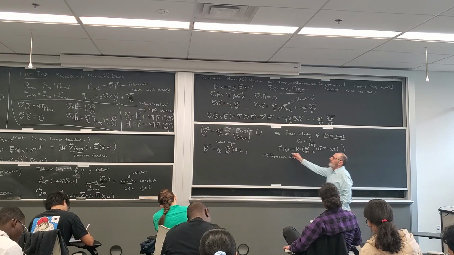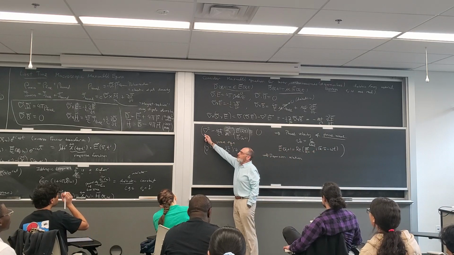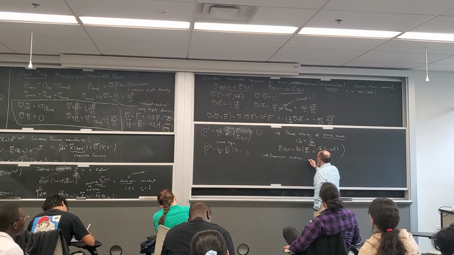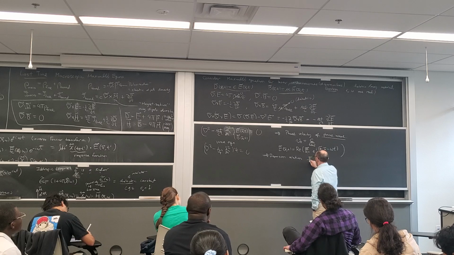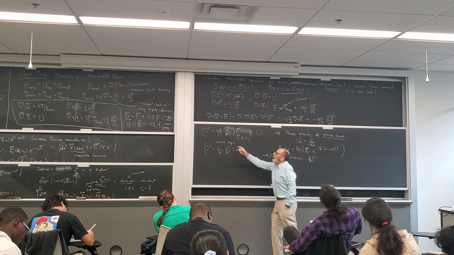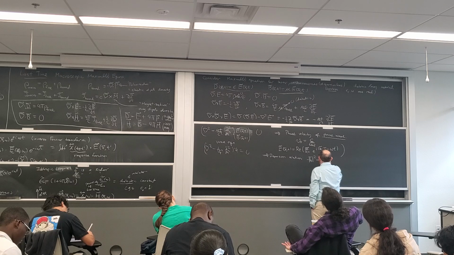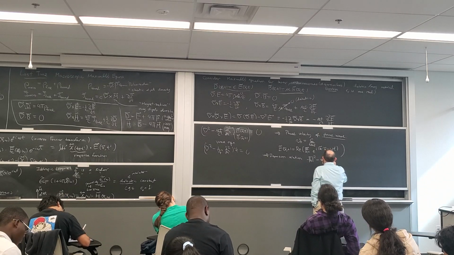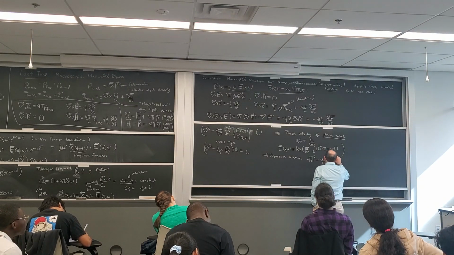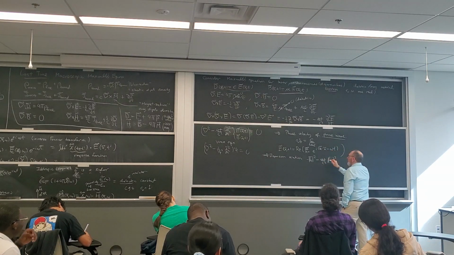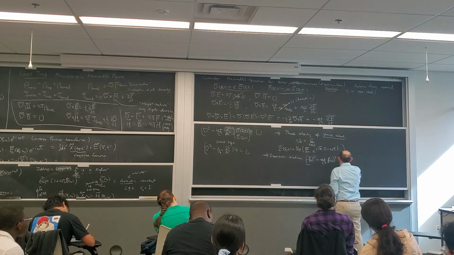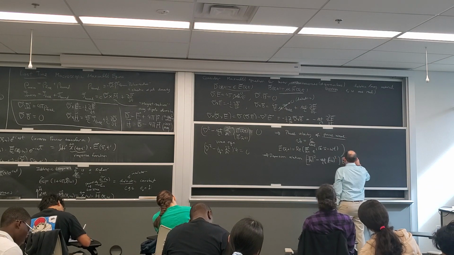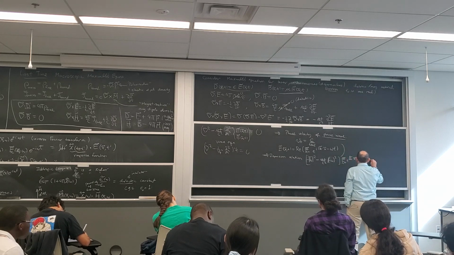So if I plug this in, the del becomes an ik dot ik, which is minus k squared, minus mu epsilon over c squared times minus omega squared, times E0 equals 0.